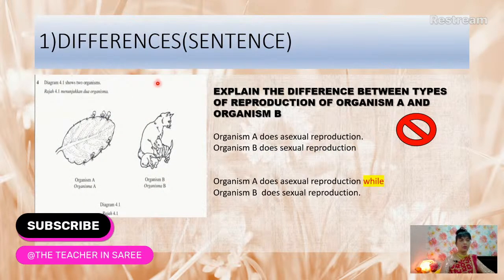So, differences. Okay. First things first, when you encounter the question type of similarities and differences, there are actually two ways to go about this. Some students like to do it in the form of a table. Even some teachers ask you to do it in the form of a table, which is okay, not wrong.